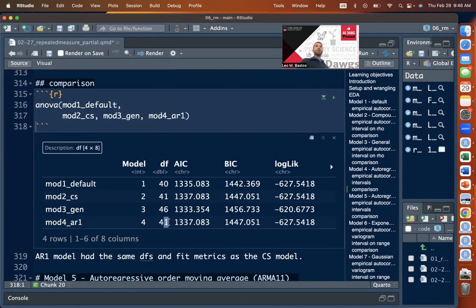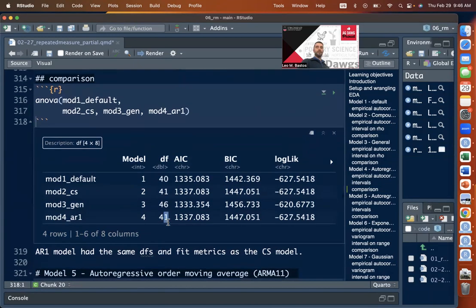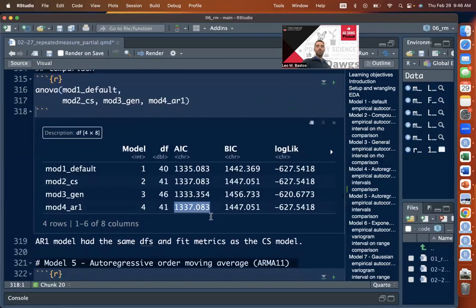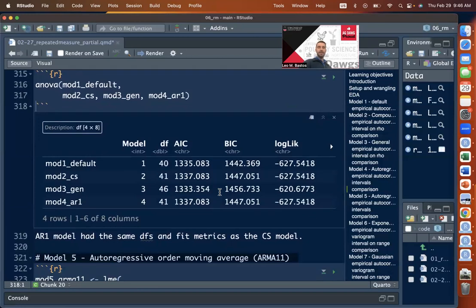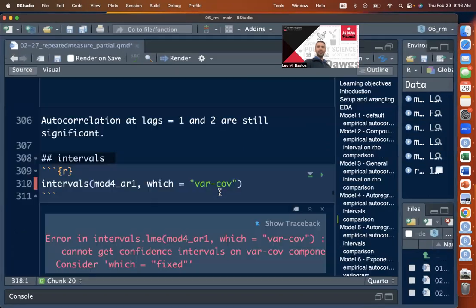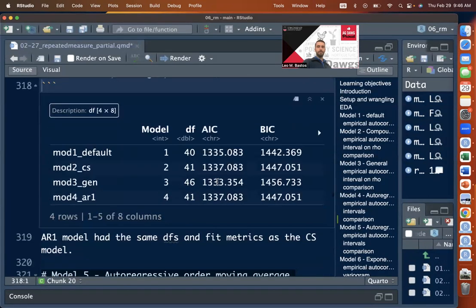So this is a case where it is taking degrees of freedom, but it's not helping the model improve fit. So we see AIC go up. Similarly, we see that with BIC as well, compared to the default model, right? So it's taking up information and not giving you back enough to cover for that. So we see an increase in AIC and BIC, which is interpreted as a poorer model fit in this case.